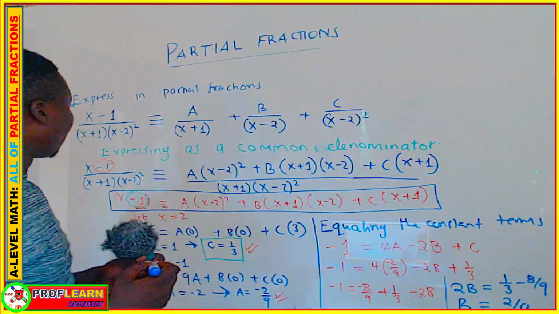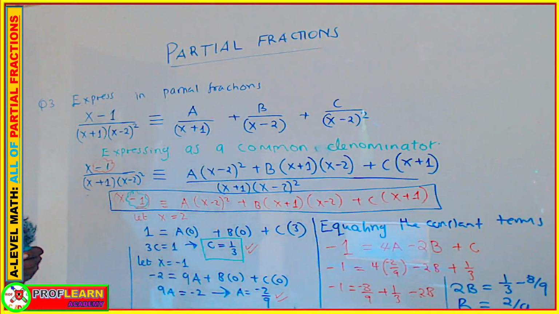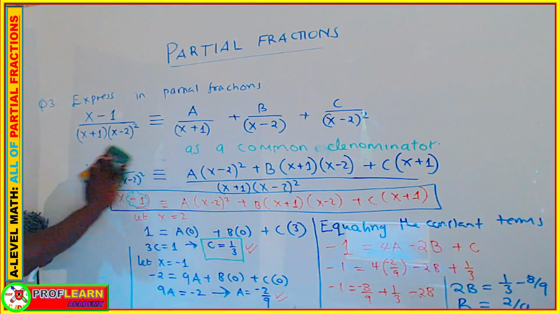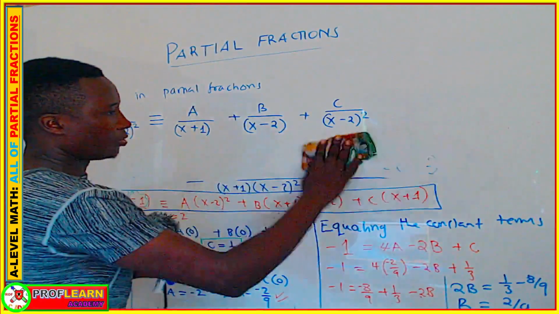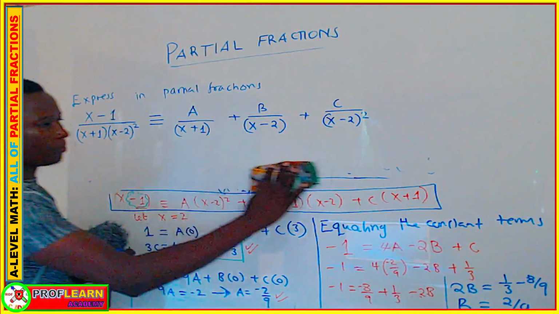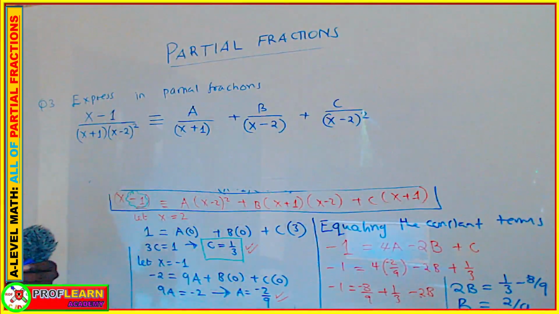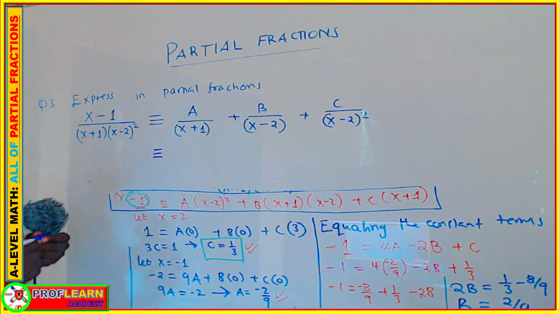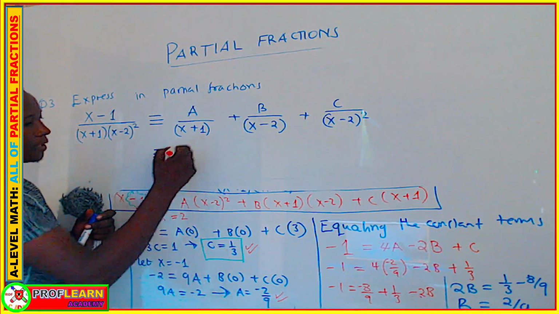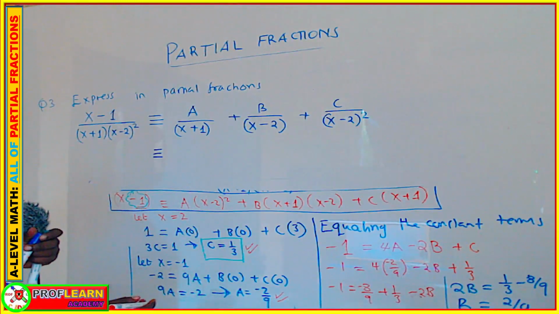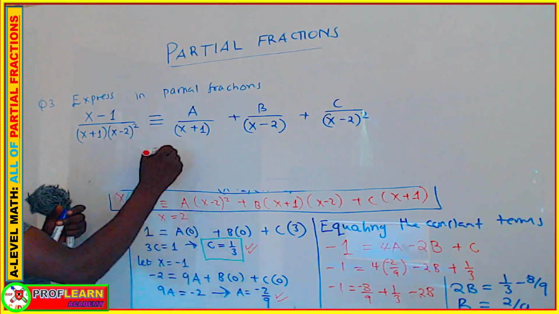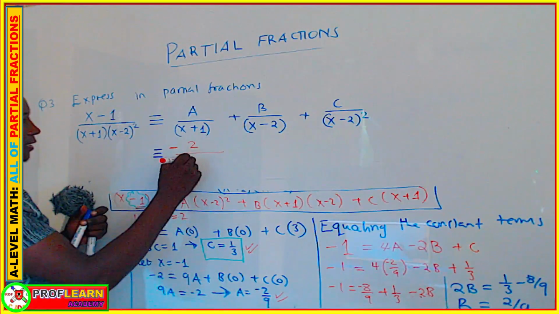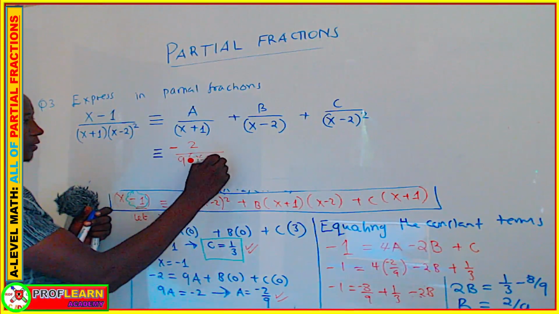So having written this, we now have the values of a, b, and c. Finally, you should not just stop there. You must write the expression as partial fractions. So this expression in partial fractions can be written as: our a, we got it as negative 2 over 9, so this is going to be minus 2 over 9 into x plus 1.